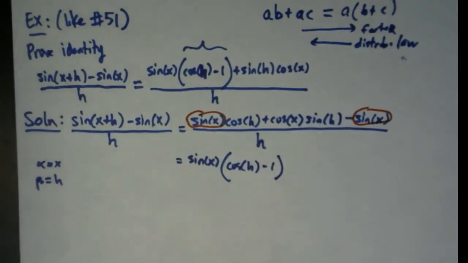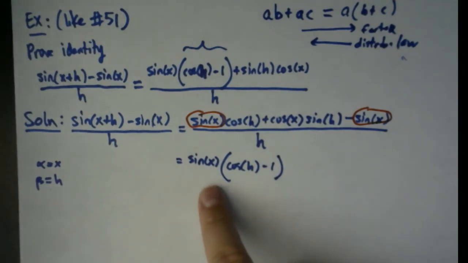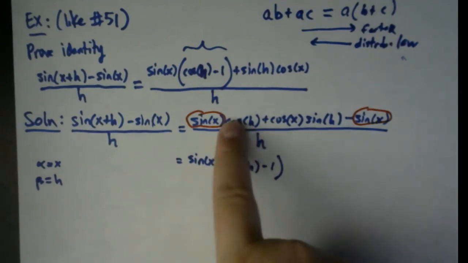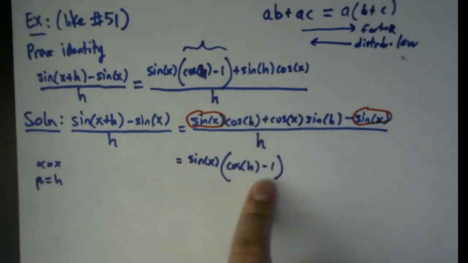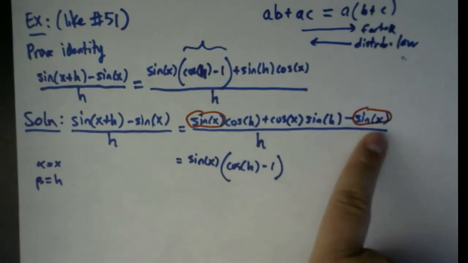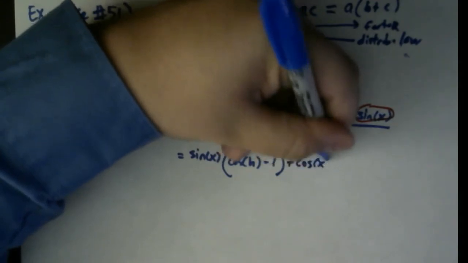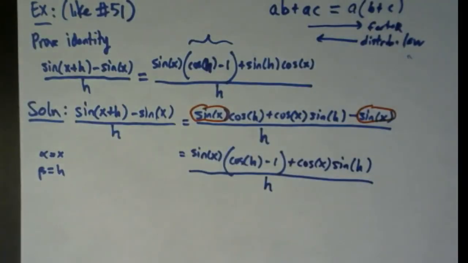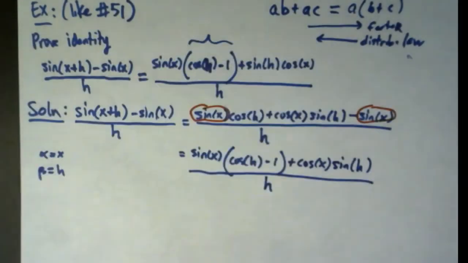You're left with a 1. It doesn't become 0. Okay. Notice if I distributed this in with the distributive law, I'd have sine x times cosine h, that's that term, and I'd have sine x times minus 1, and that's that term. Now, this term just kind of comes down for the ride. It's cosine x sine h all over h. And that is exactly what I was trying to arrive at.